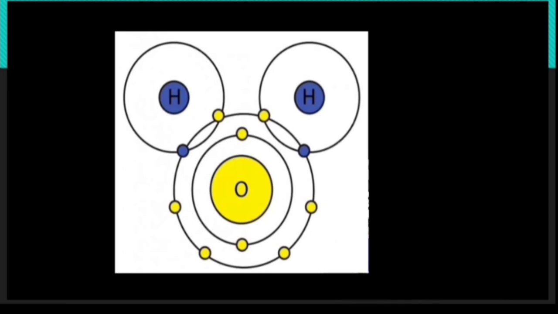For this, it reacts with hydrogen and shares electrons with hydrogen, where oxygen completes its octet configuration and hydrogen also has 2 electrons in its outermost shell. And this is how the chemical reaction takes place. So, giving or accepting or sharing of electrons between the atoms leads to the formation of compounds.